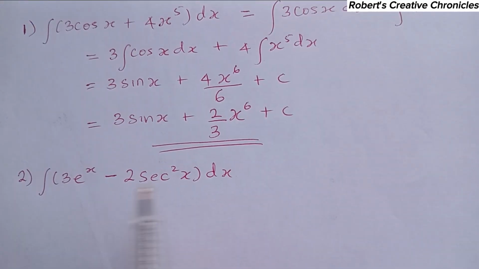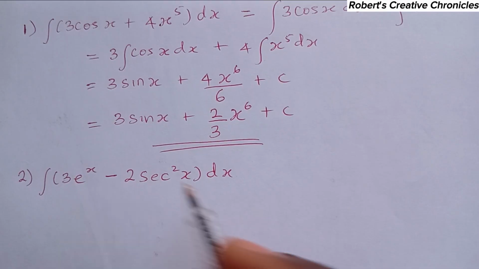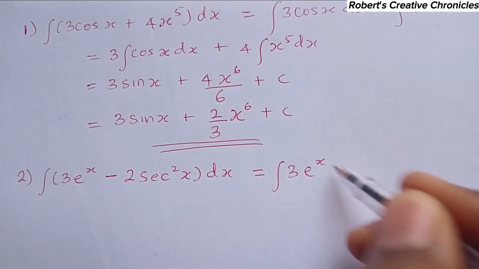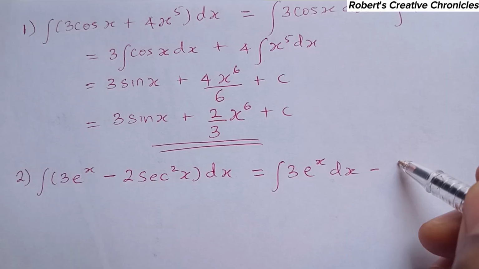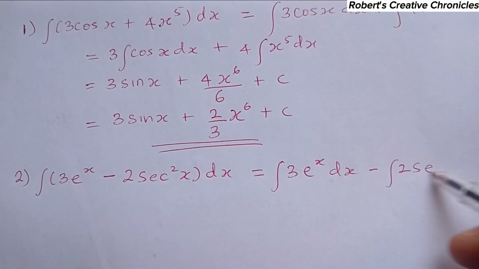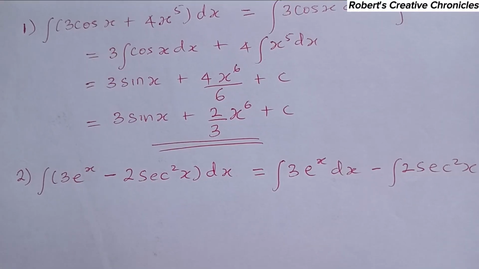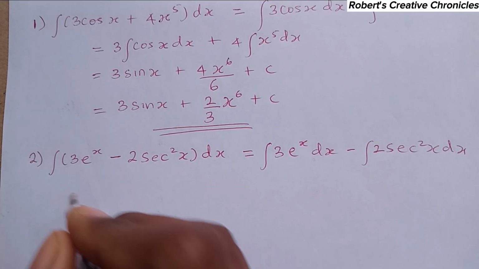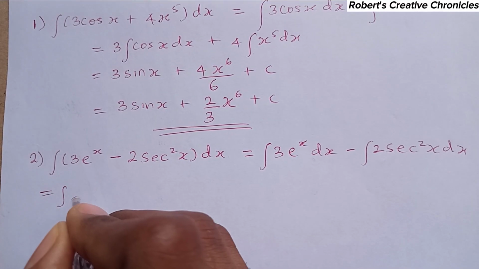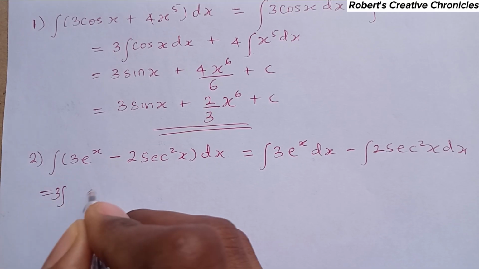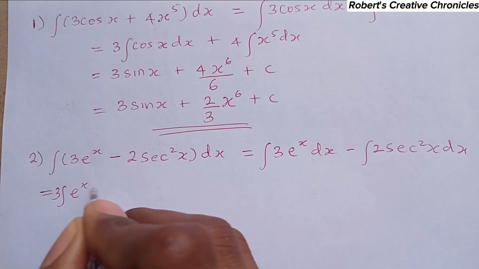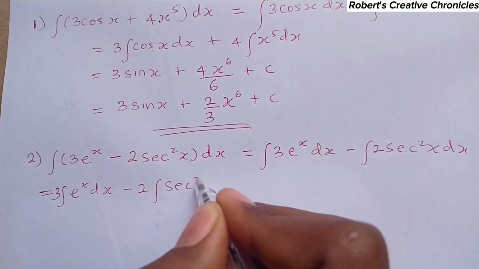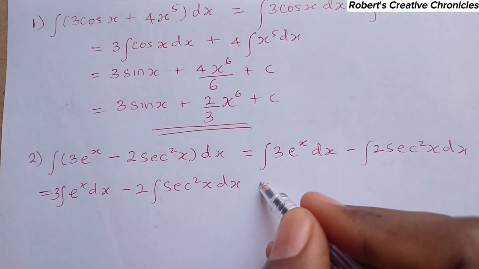So now this is the second one, and we'll use the same method. So we open the bracket, it becomes integral of 3 exponential x dx minus integral of 2 sec square x dx. So now we'll factor out the constants. It becomes 3 integral of exponential x dx minus 2 integral of sec square x dx.